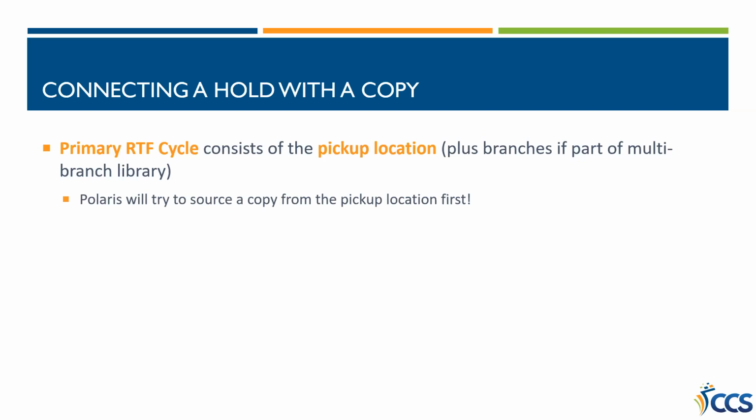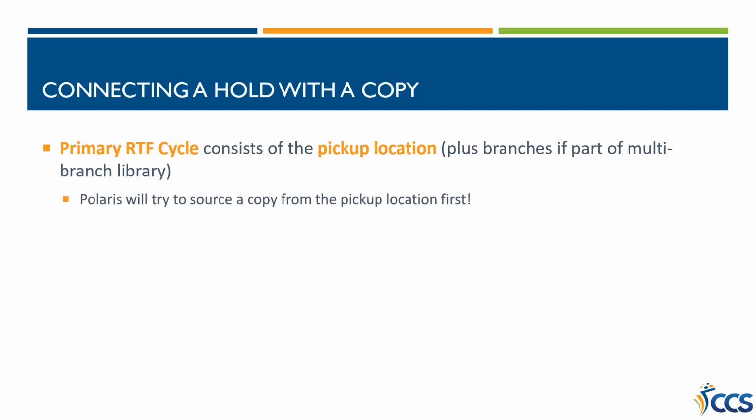And the pickup location is the primary cycle so that Polaris will try to source a copy from the pickup location or one of those branches first. This ensures the fastest way for the patron to get the item in their hands.